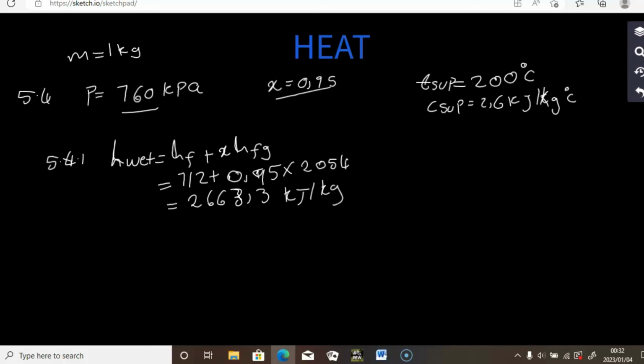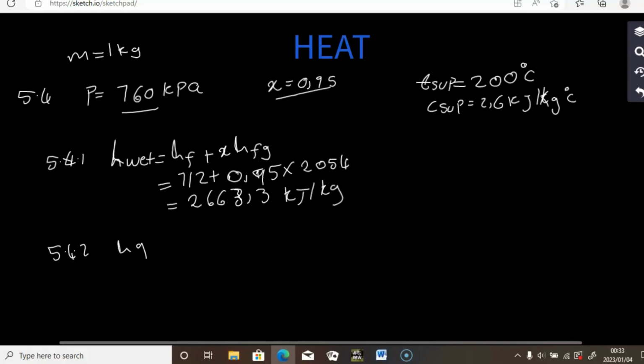So we go to the next one. It's 5.4.2. They say dry steam. Dry steam is Hg. So this is a matter of going to the steam table, extracting the value, and putting it here.